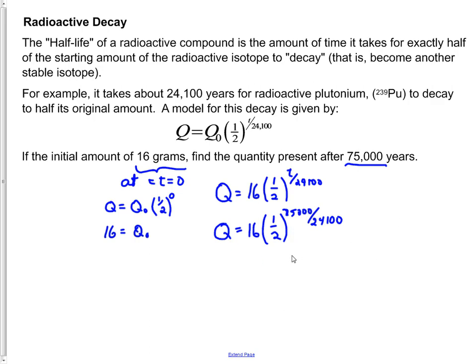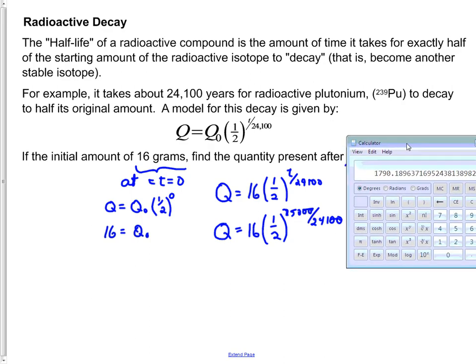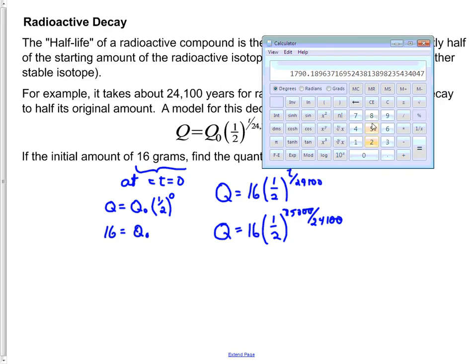Well, this is where we're going to need a little bit of help with our calculators. Of course, those thousands, those zeros, are going to divide out. So it's like taking 750 and dividing that by 241. If we took 750 and divided it by 241, we would get 3.112.